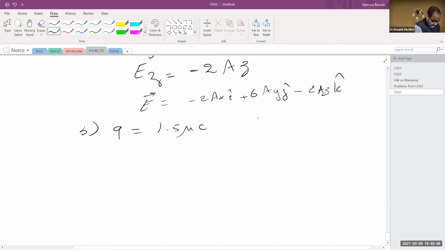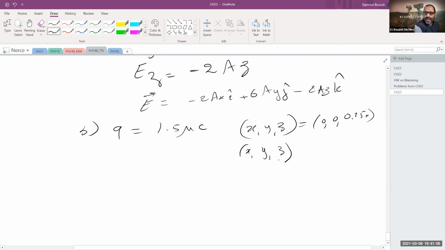And they tell us this charge moves from this point of coordinates x, y, z equal to 0, 0, and 0.25 meters, 25 centimeters, down to x, y, z equal to the origin. And the origin has coordinates, of course, 0, 0, 0. So this charge moves from here to here.